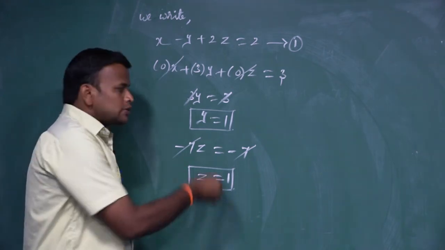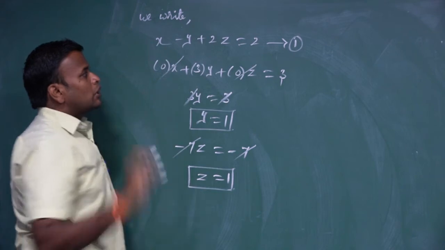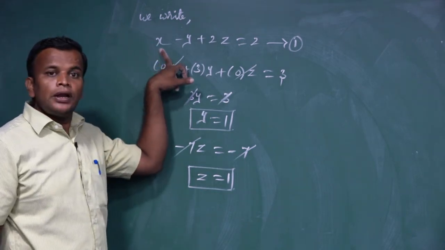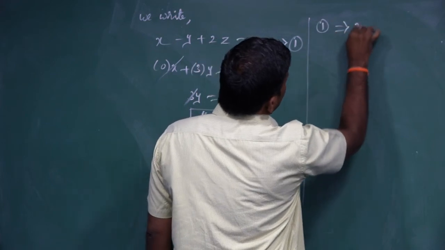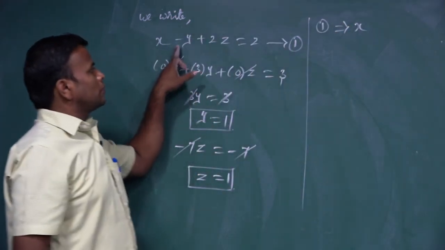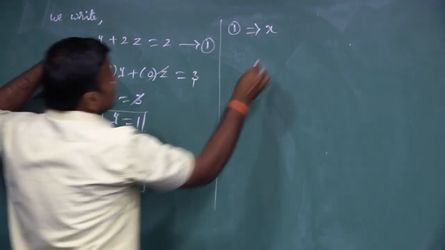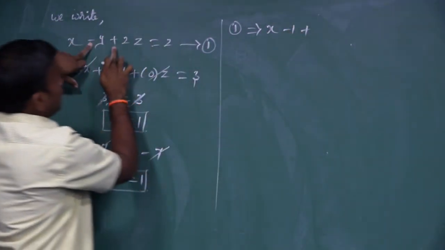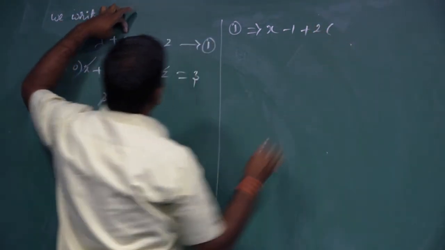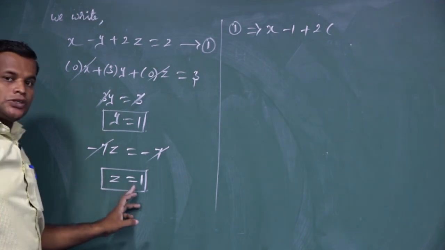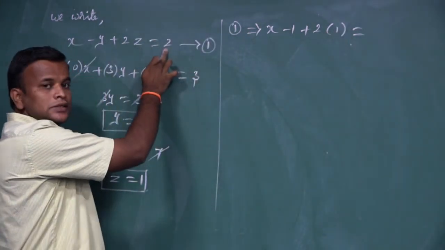Now we have found the values of y and z. Using these two values in the first equation, because we need the other variable x. In the first equation, x minus y, the value of y is 1, minus 1, plus 2z, the value of z is also 1, and the RHS is 2.